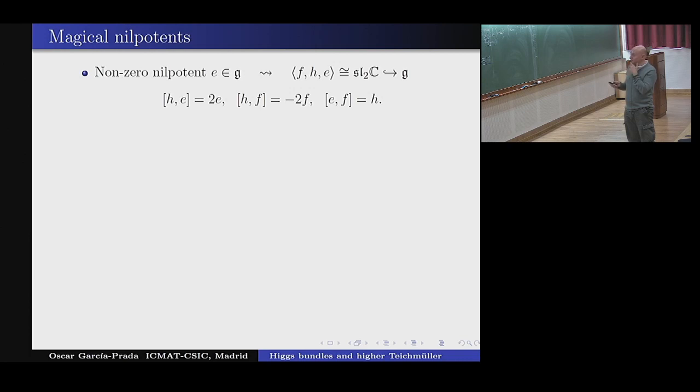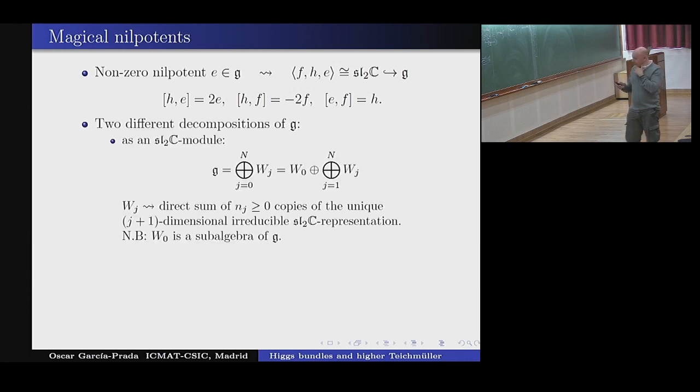G is complex. Then you can consider two different decompositions of the complex Lie algebra G. One decomposition is as an SL2C module.